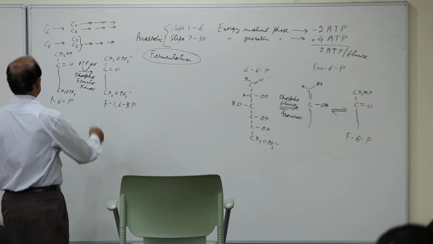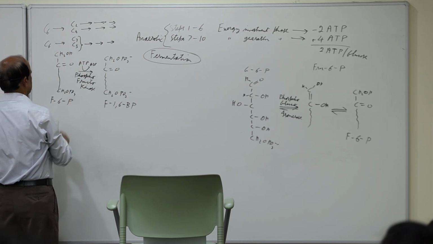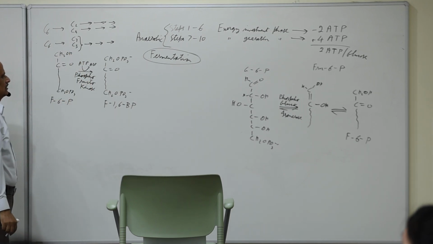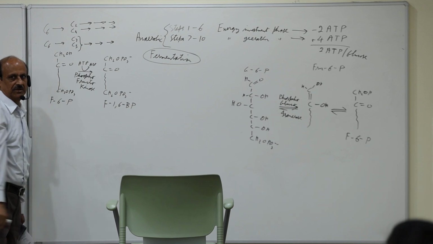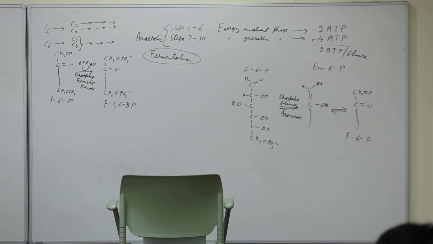And when you get to 2 of these, you need both of them to be the same, right? Then only you can have 1 set of pathway. Remember, pathway enzymes are very specific. You cannot just have C3 and expect that the same enzyme will continue with that. So it must be the same molecule.